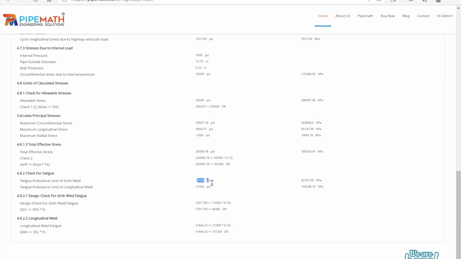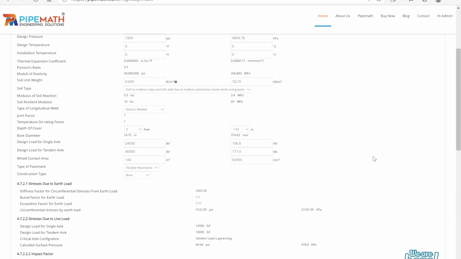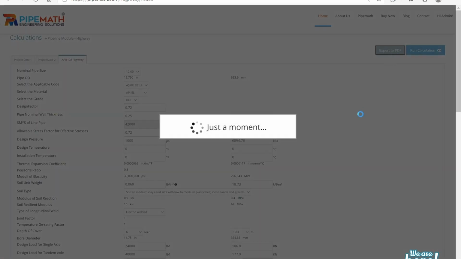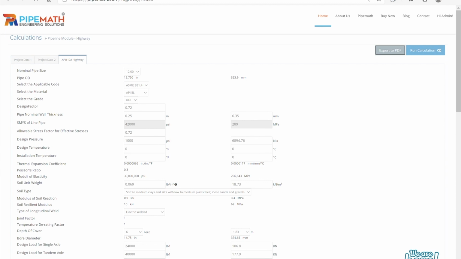Fatigue endurance limit of girth weld and fatigue endurance limit of longitudinal weld have been determined by using the code, and now we are comparing these values to cyclic circumferential stress and cyclic longitudinal stress due to vehicular load. We are done with the calculations, and we will be moving to generate the PDF now.